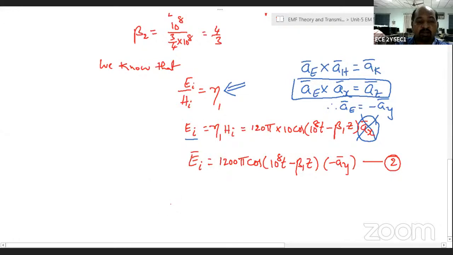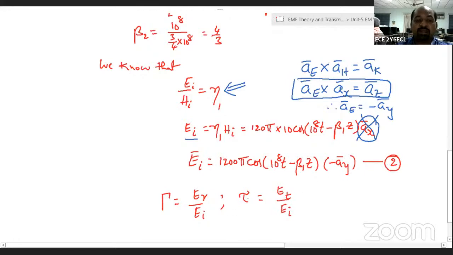Now we need to determine the reflected waves and transmitted waves. How can we determine the reflected wave and transmitted wave? We know that reflection coefficient is equal to Er by Ei, and transmission coefficient is equal to Et by Ei.